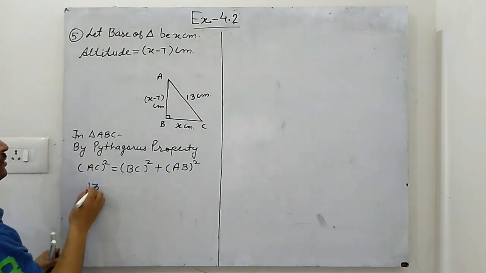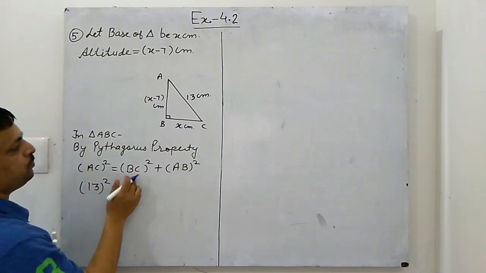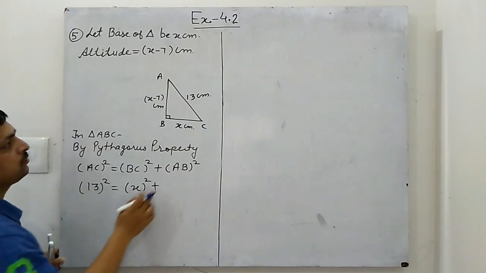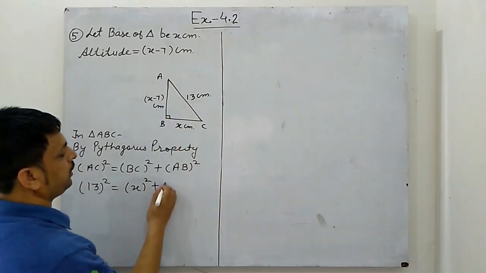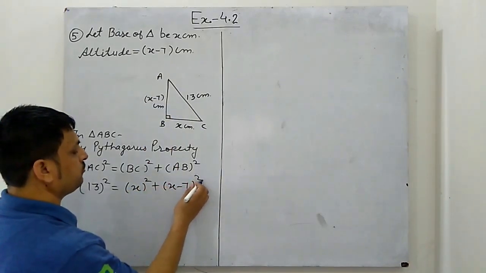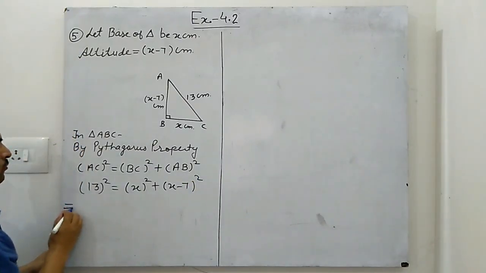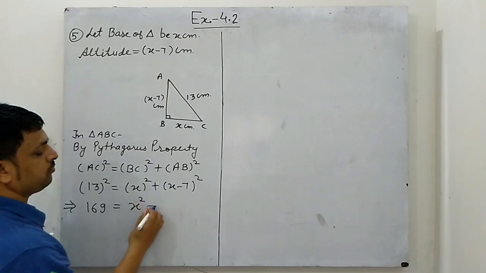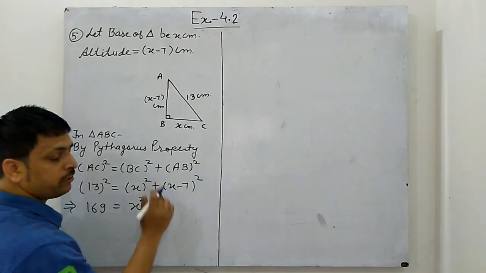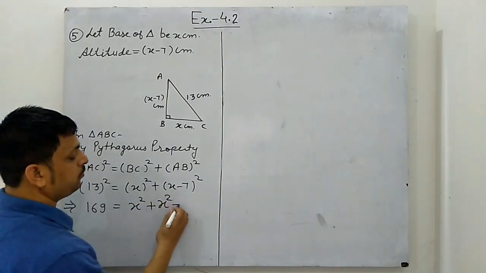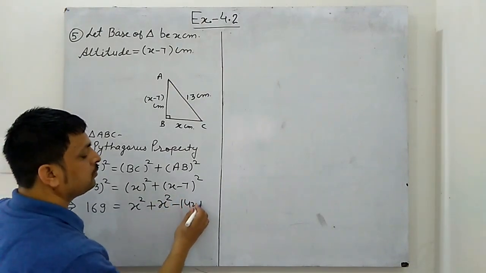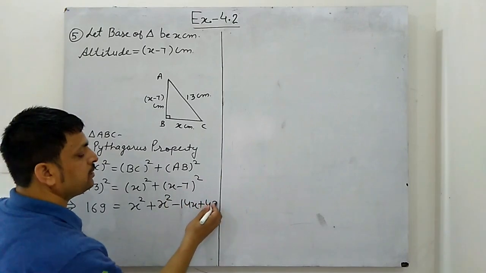AC square, that is 13 square, equals BC, x square, plus AB, x minus 7 whole square. 13 square is what? 169. Square of x minus 7 is a minus b whole square, so a square minus 2ab, 2 into 7, 14 into x, 14x plus b square, 7 square is 49.